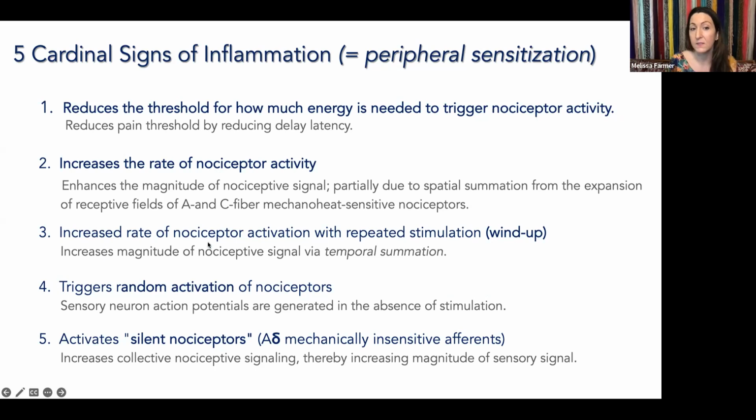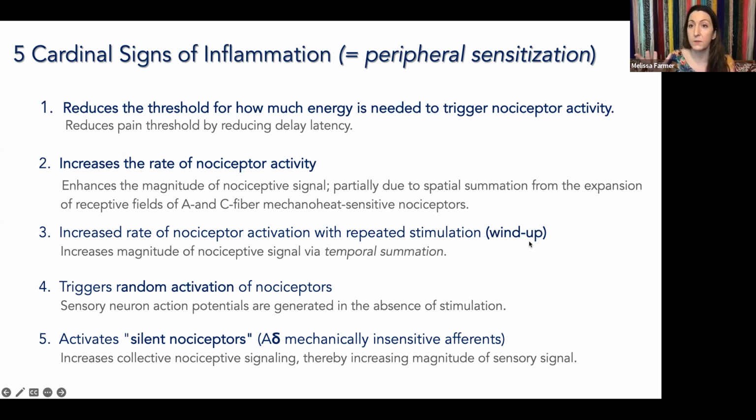Then it also increases the rate of nociceptor activation with repeated stimulation. This is specifically a concept called wind up. So for example, when you are doing a task repetitively and the pain increases with each repetition, that is a great model for wind up.